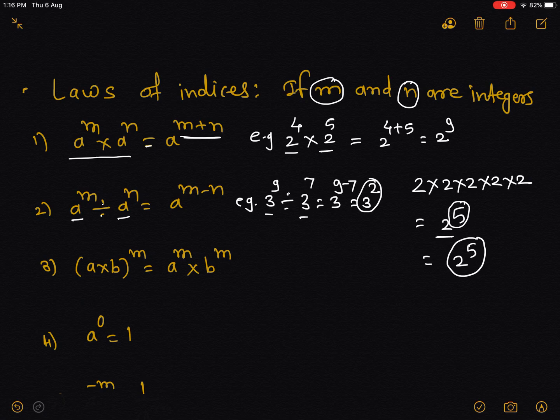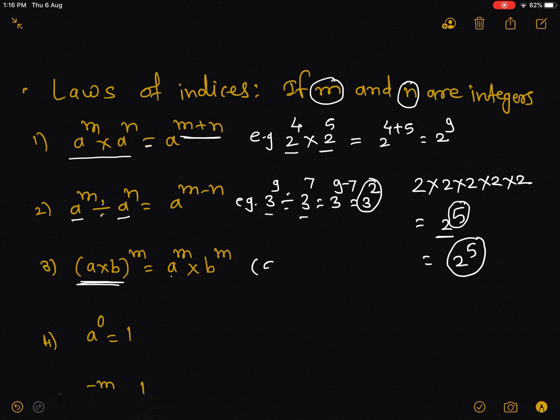See the next law, law number 3, in brackets a into b, raised to m. In the bracket there are two numbers and the bracket is raised to m, that means we get the index on each number, that is a raised to m into b raised to m.